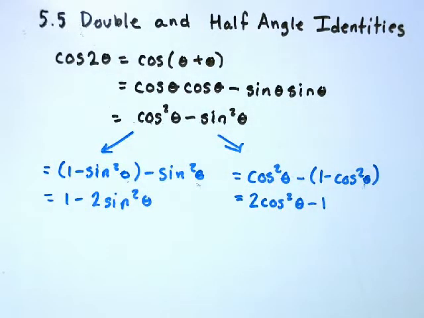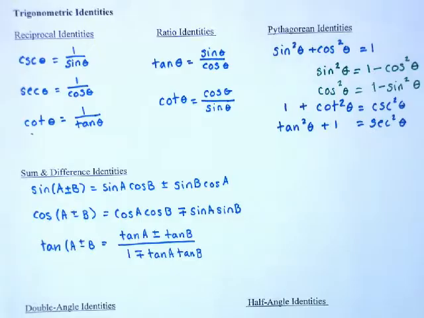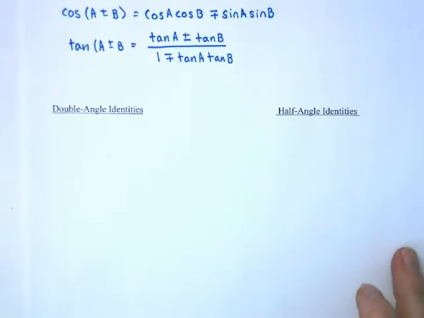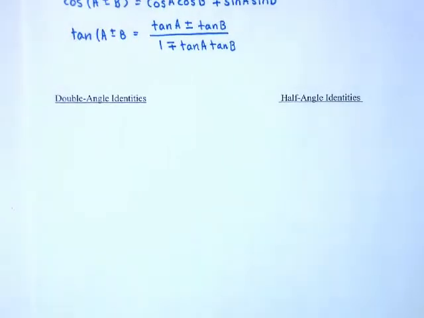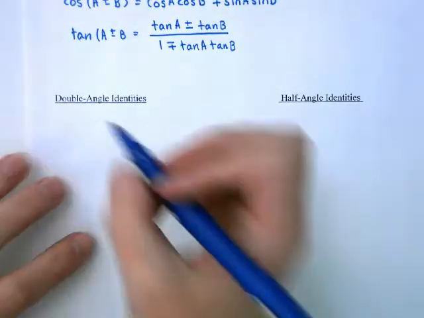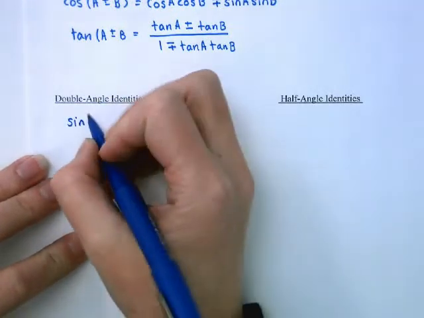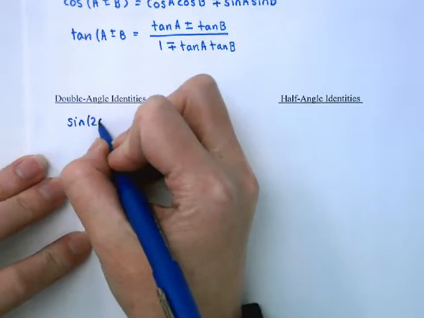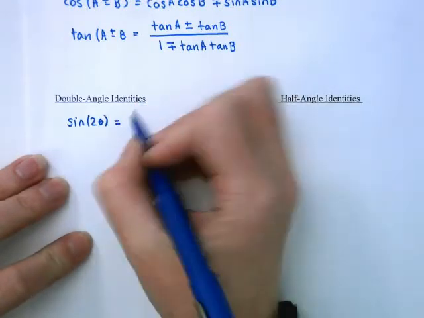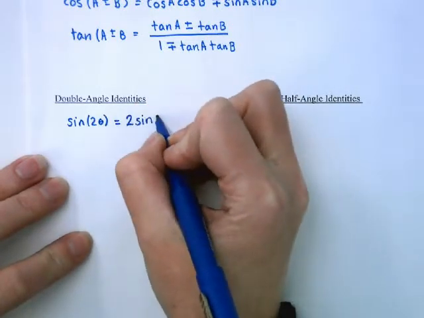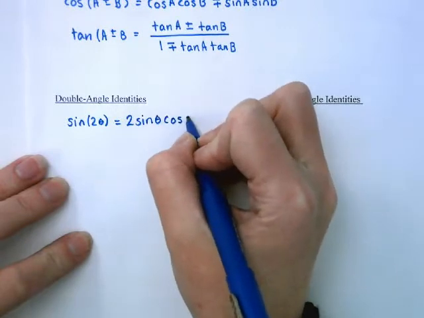So we're going to add these to our identity worksheet. So we're going to add our double angle identities. Sine 2 theta is going to equal 2 sine theta cosine theta.